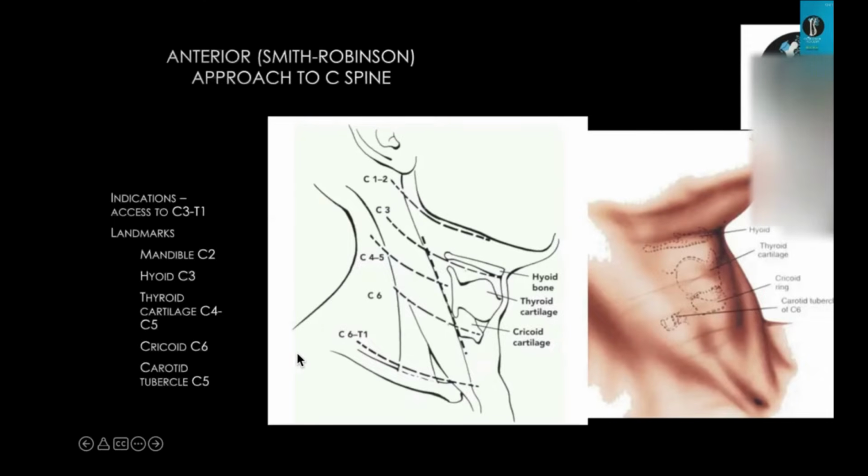I think you can say, look, my landmarks would be the cricoid at C6, because that's going to be the most palpable, and probably the thyroid cartilage for that one. If you're going to go higher, then you should probably mention the hyoid. But then you said you were going to check with the image intensifier. I would probably double check with it when you get down to stripping off the longus colli as well.